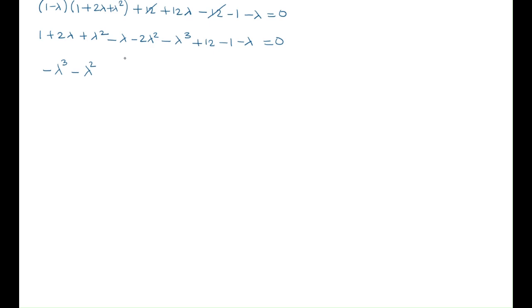Then we have lambda terms. Here we can find 2 lambda, and I suppose I haven't written this 12 lambda here. Did I write minus 12? I suppose I forgot to write this 12 lambda. So this should be 12 lambda, right?